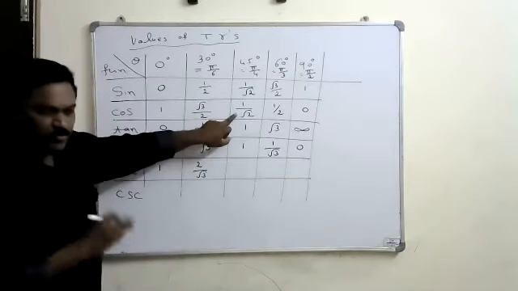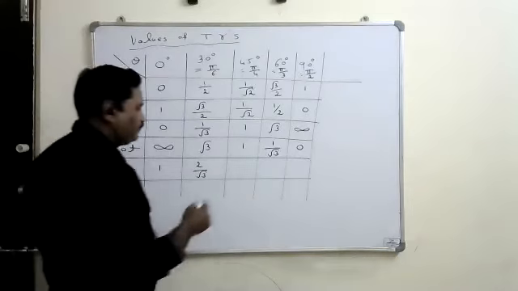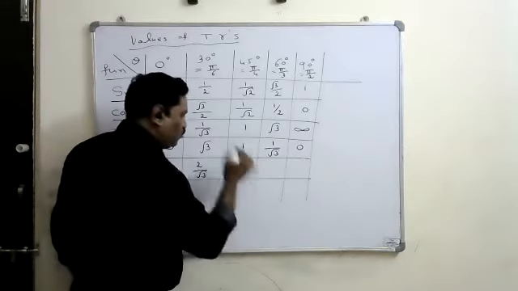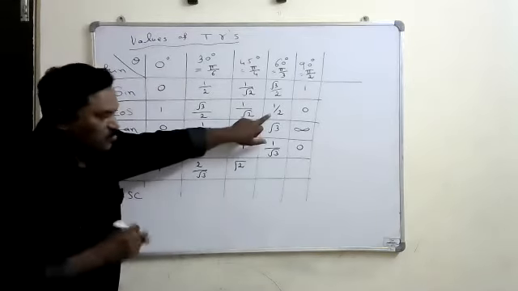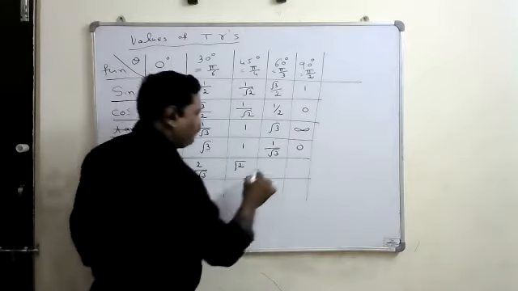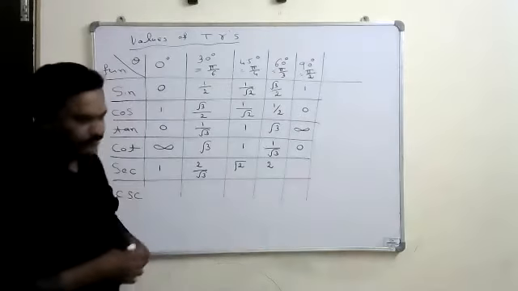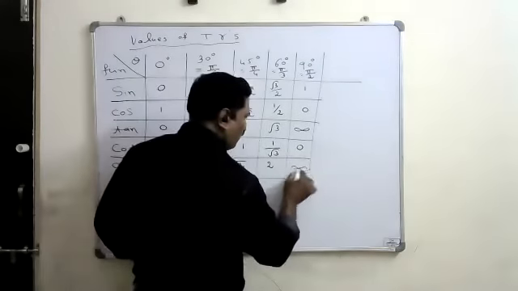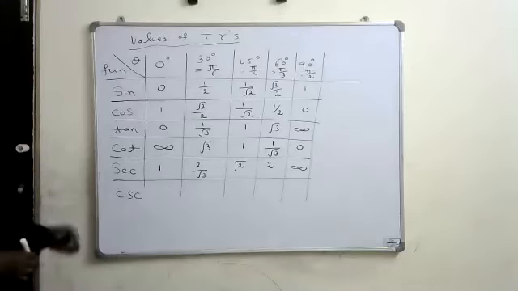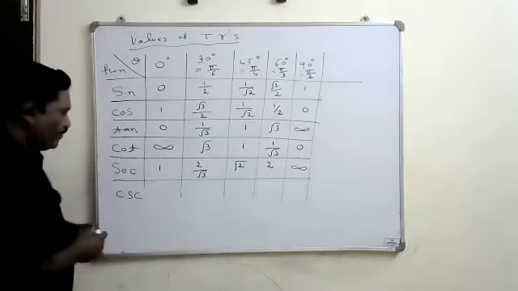Similarly, here it is 1 by root 2, and the reciprocal is root 2. This is 1 by 2, and the reciprocal is 2. And it is 0, and the reciprocal of 0 is not defined, that is infinity. These are the values of the secant.